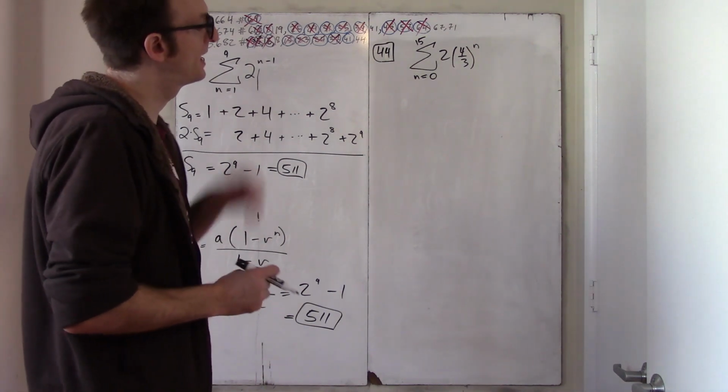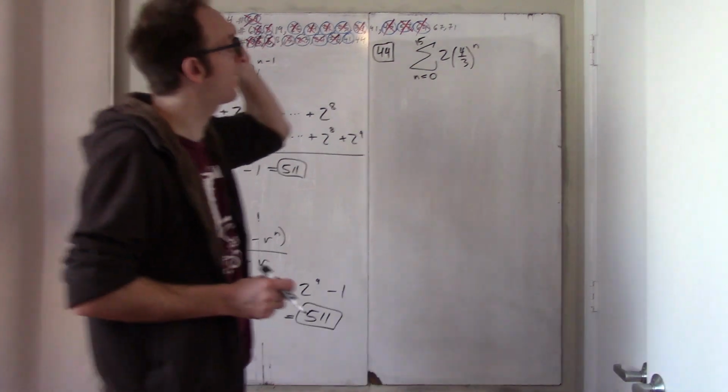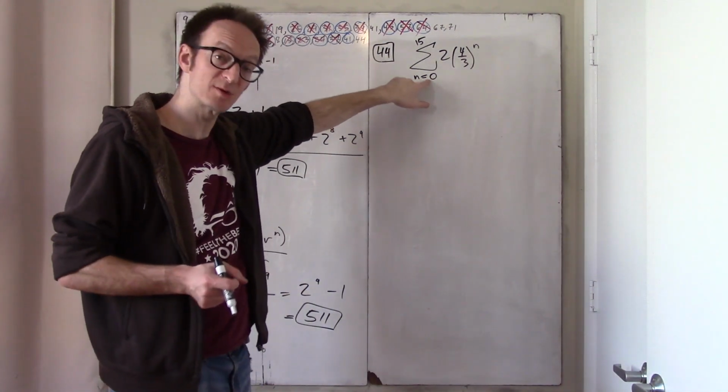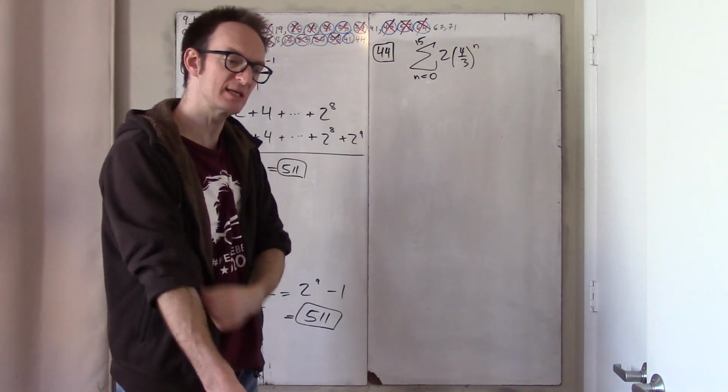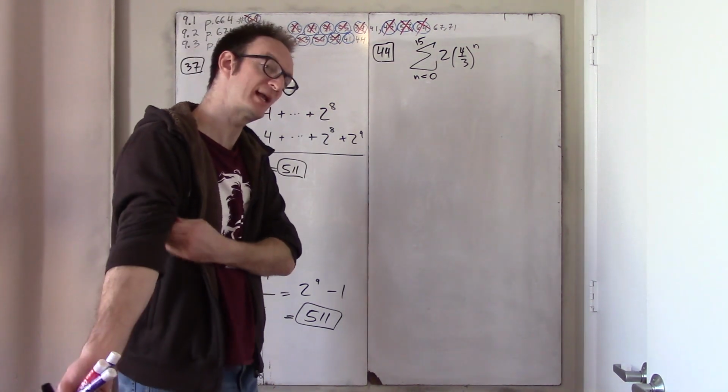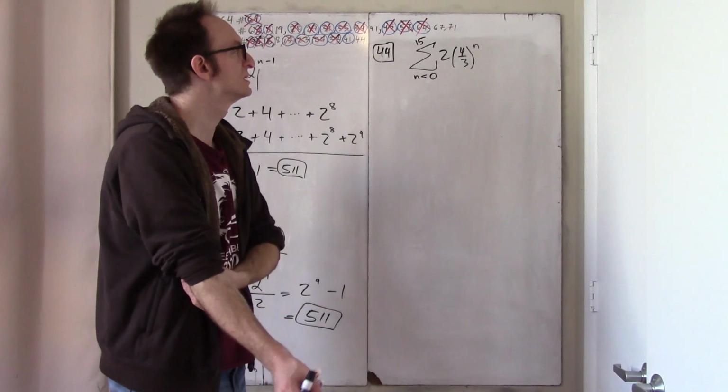Well, I guess the big problem is that because we're starting counting with 0, we have to be a little bit more careful with our indices, and we don't want to get into any kind of off by 1 errors or whatever.